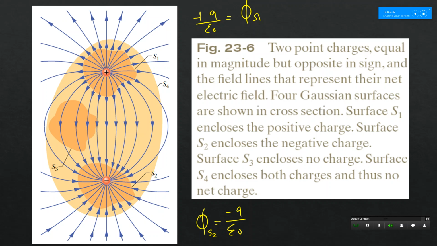So there's a negative flux, there's a positive flux. All right? What about for this Gaussian surface here? Are the arrows flowing in or out? Both. So anything that flows in flows out. So what is the net flux on this? Zero. What's the charge inside the Gaussian surface? Zero. So the flux is zero.